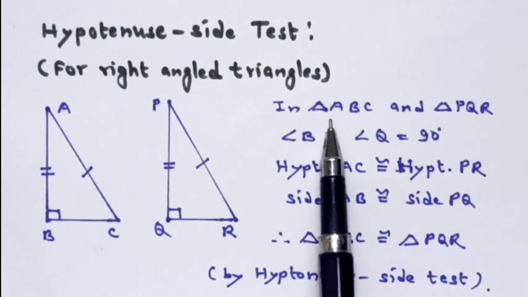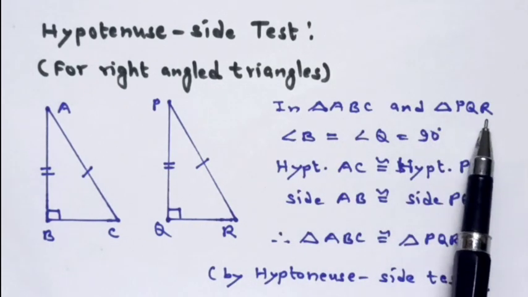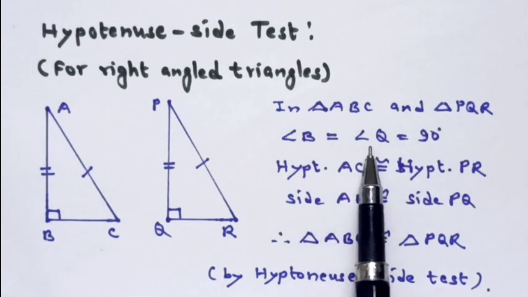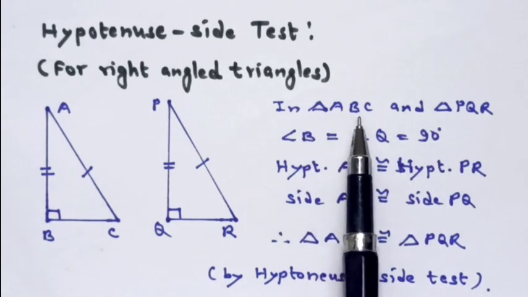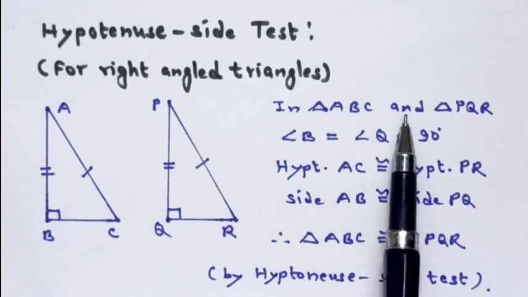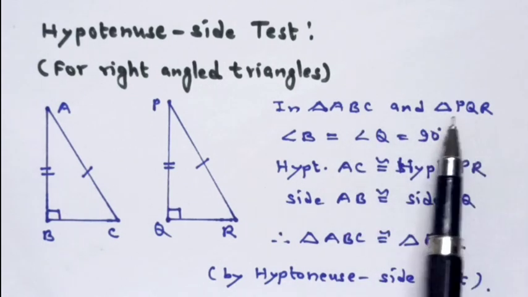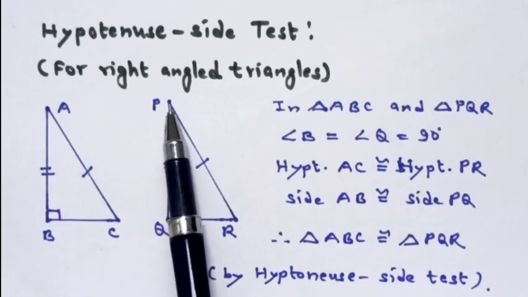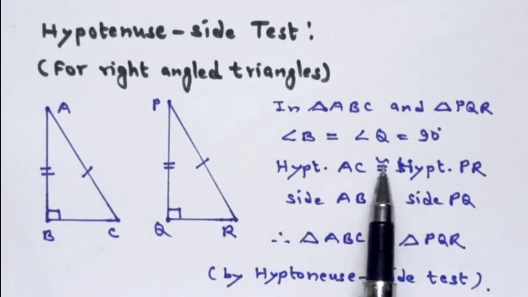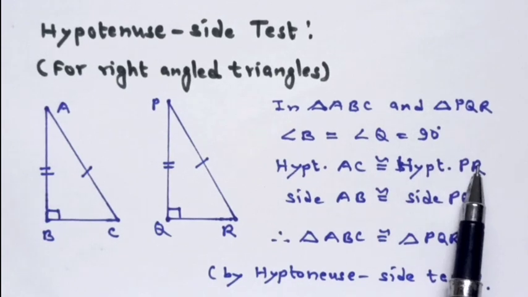So write, in triangle ABC and triangle PQR, angle B, which is equal to angle Q, is equal to 90 degrees, or you can write, in right angle triangle ABC and right angle triangle PQR. Take the hypotenuse, which is AC, congruent to PR. So write AC congruent to PR.